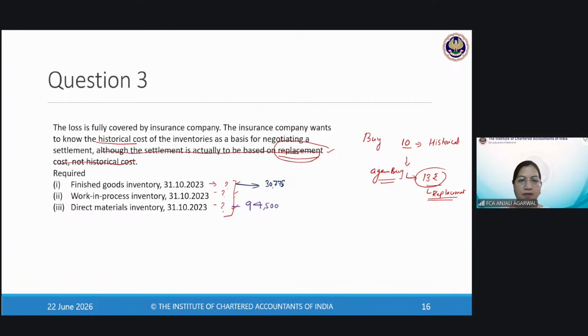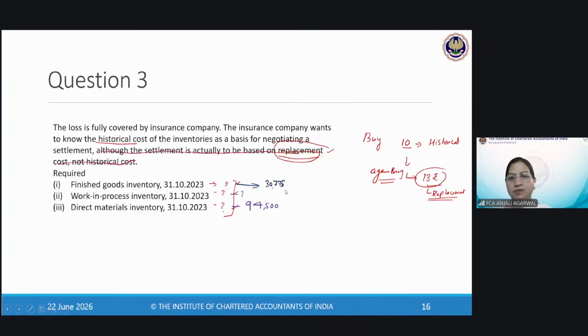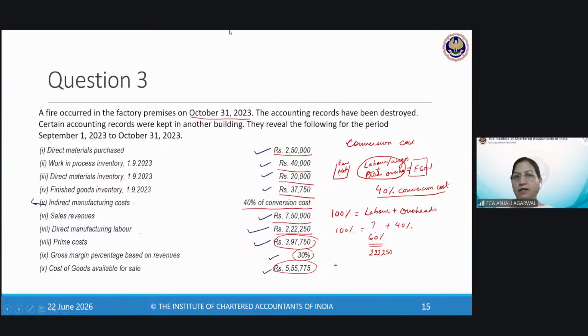Okay. Lastly, what is your WIP? So you have your prime cost as 397. To this you want to add the works overhead incurred this year. Now here was this information about prime cost and direct material again. This is the simplest part here.